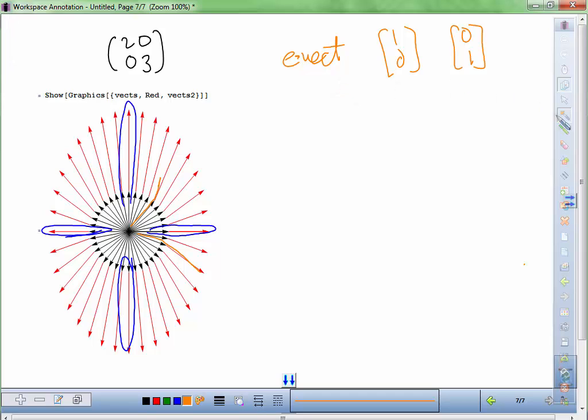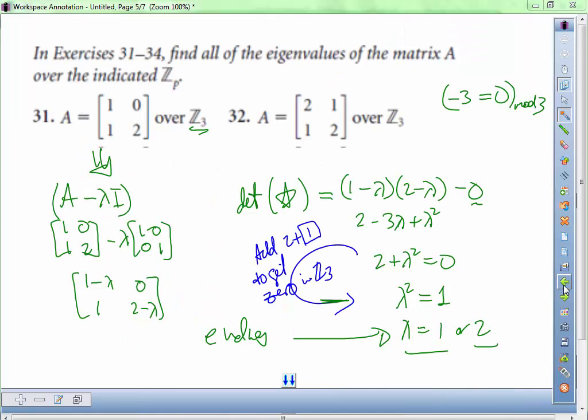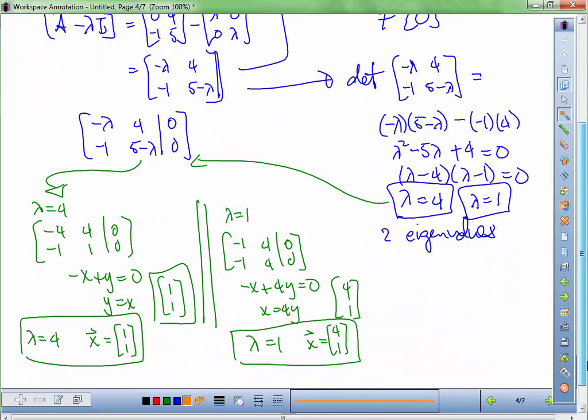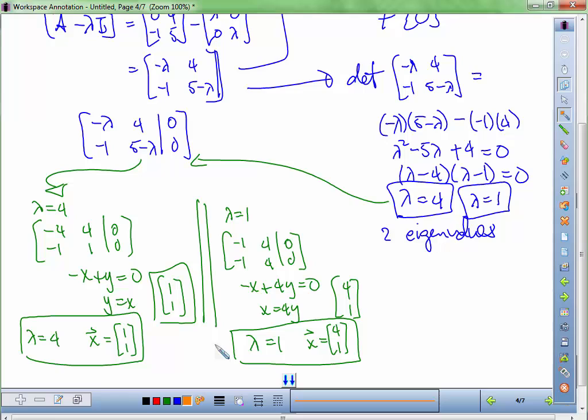So let's take a look at the ones that we were working on. Let's take a look at this matrix, [0, 4; -1, 5]. We had a couple of eigenvalues, 4 and 1, and we had eigenvectors (1, 1) and (4, 1).